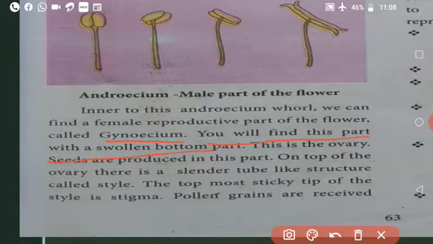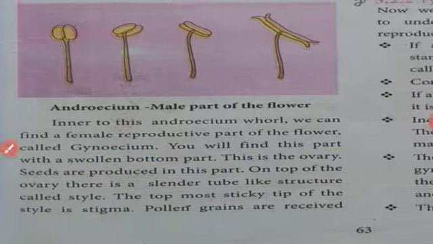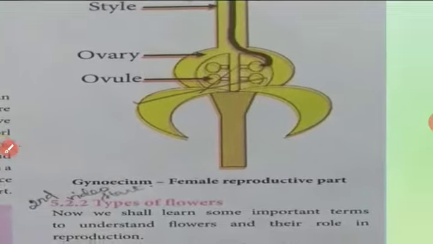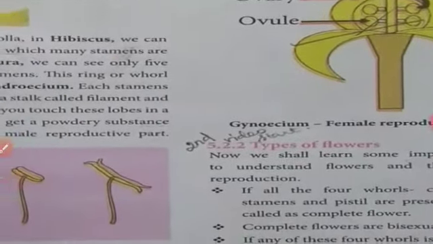On top of the ovary, there is a slender tube-like structure called the style. The topmost sticky tip of the style is the stigma. Pollen grains are received by the stigma. This is the 4th whorl of a flower.